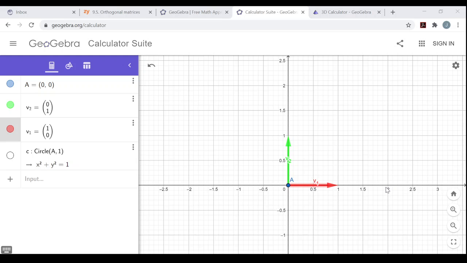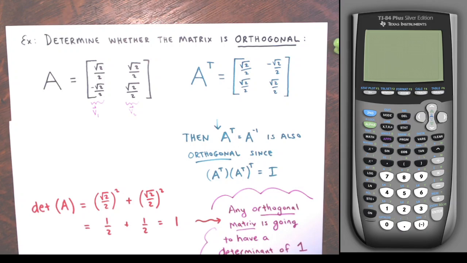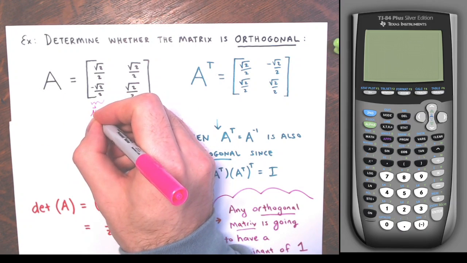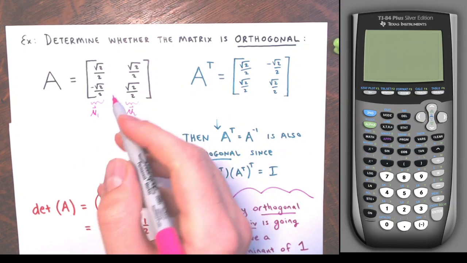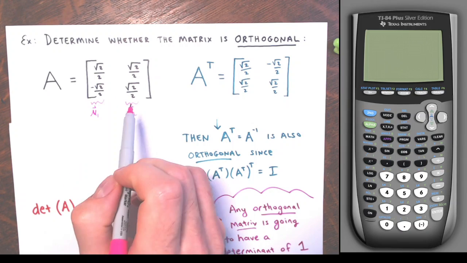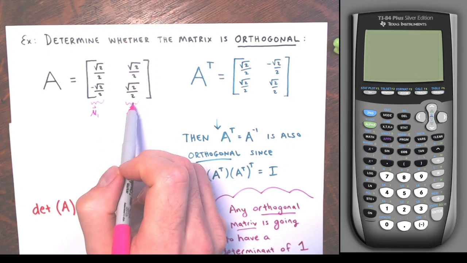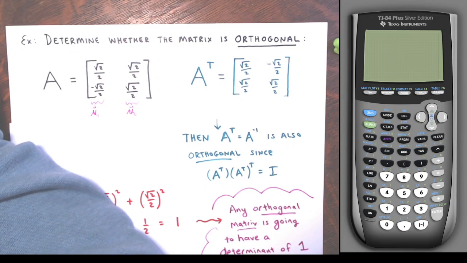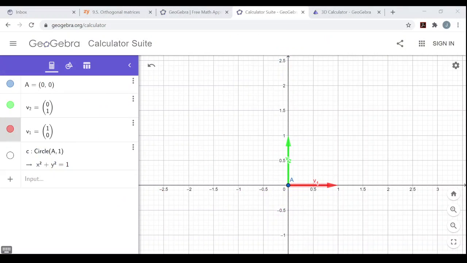What I have here in R2, these are the standard basis vectors, right? My vector here is 1, 0. And my other vector, maybe I should call those vectors on the page something else. How about U1 and U2, because I've got V1 and V2 already written in the website. So let's say vector U1 is this first column vector of A, and vector U2 is the second column vector of A. So here, vector 1, 0, and the vector 0, 1.